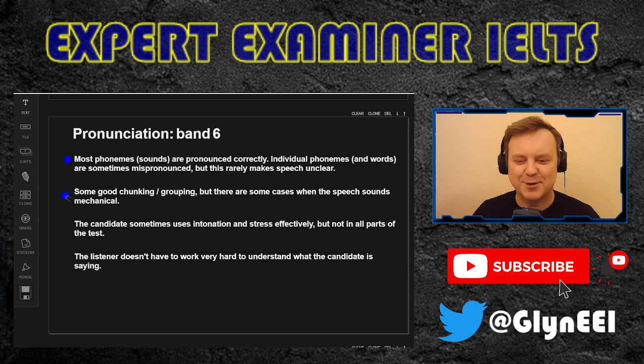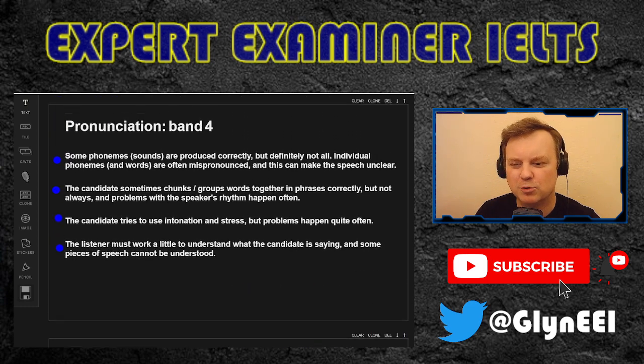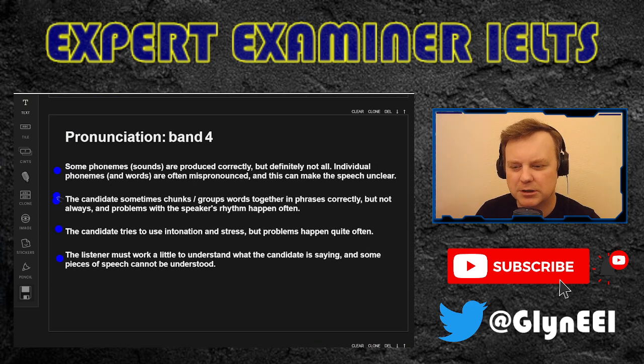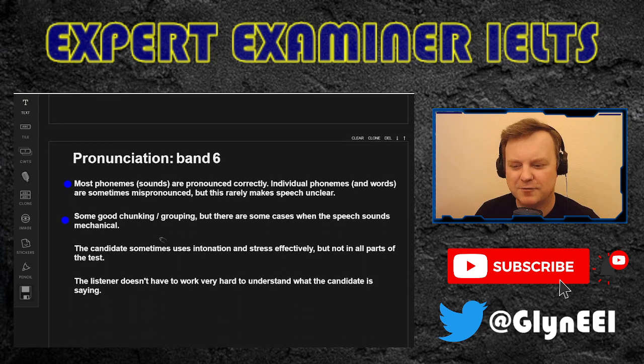Secondly, some good chunking or grouping, but there are some cases when the speech sounds mechanical. So very similar to what we had in band 4 here. This time we have some good chunking and grouping, but some cases when the speech sounds mechanical.